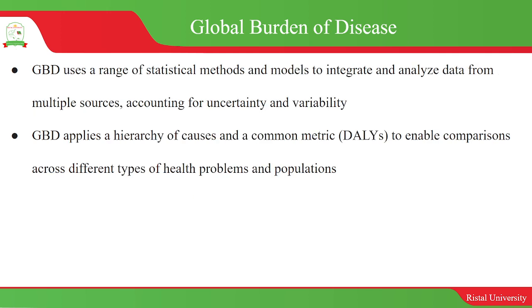Of course, this data has its own limitations in terms of the quality, in terms of being insufficient, in terms of issues to do with biases. Generally, in the real world, the way this data is being collected may have issues. But of course, using the appropriate statistical methods and models, it is easy to integrate and analyze this data while accounting for uncertainty and variability.